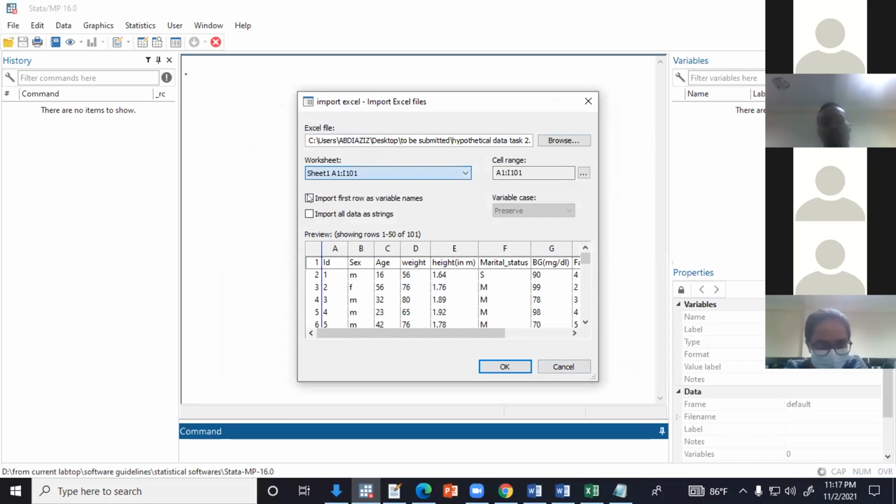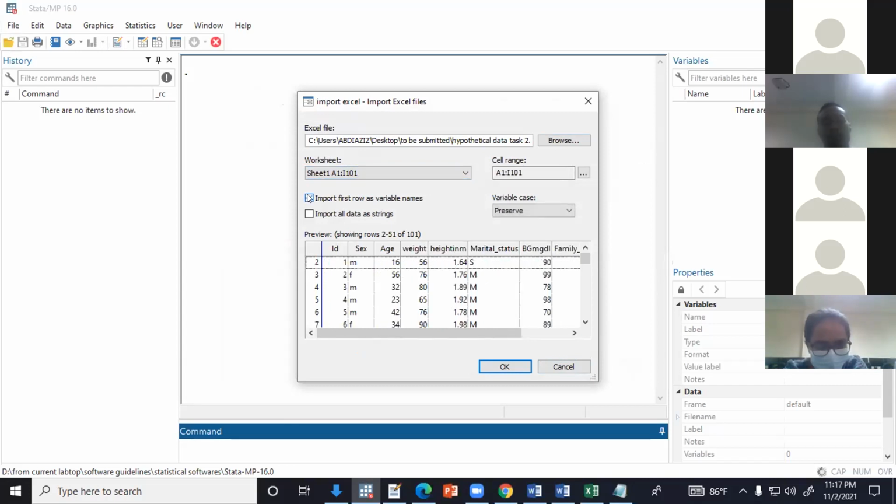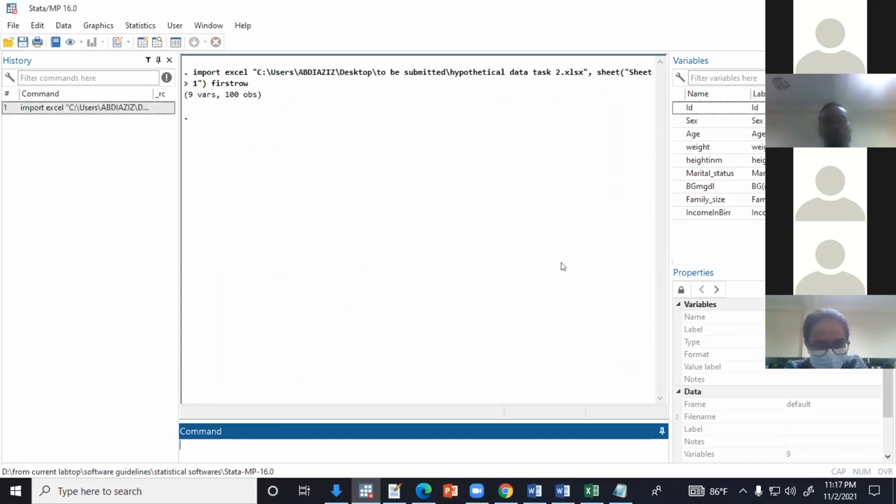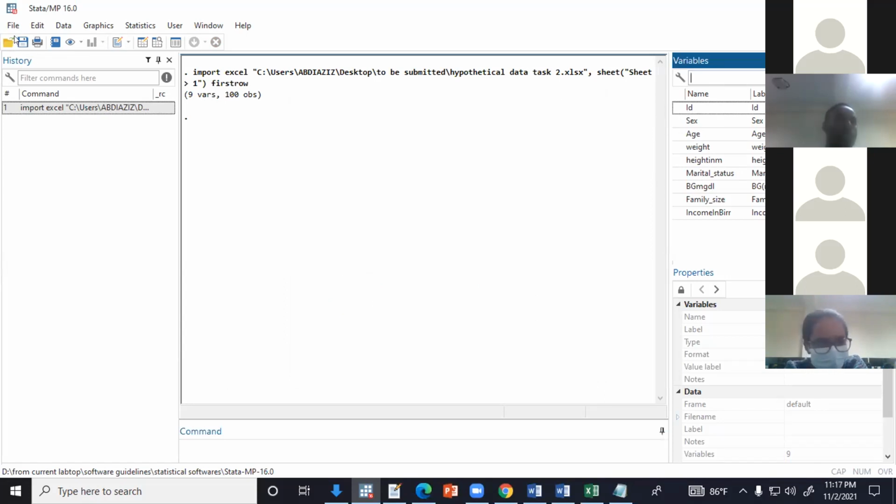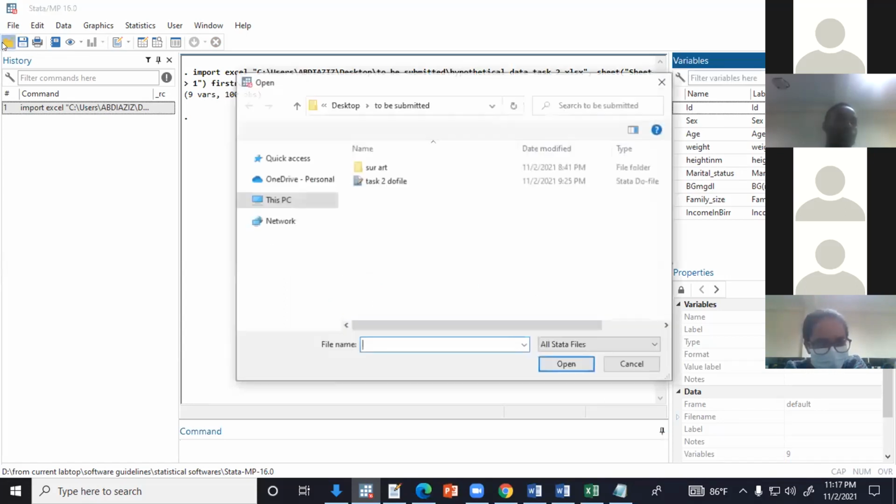Now I have to click import first row as variable names, to avoid Stata considering these variable names as an observation, and then click OK. And here are the variables. Now let me go to my do file.